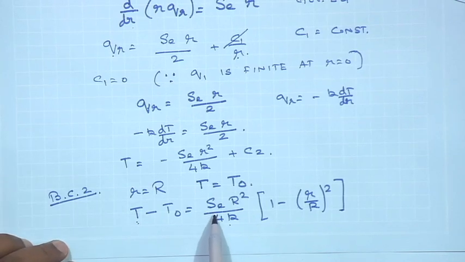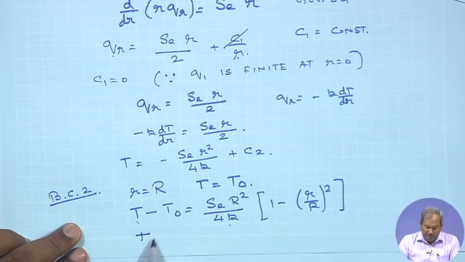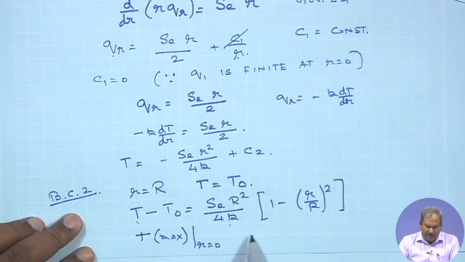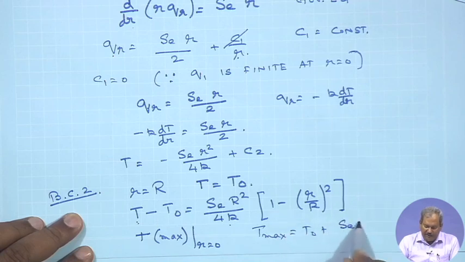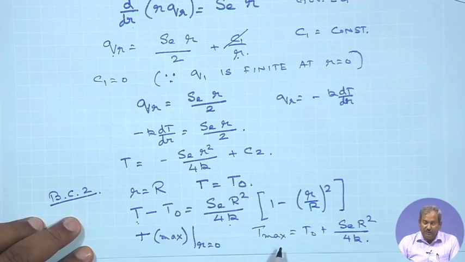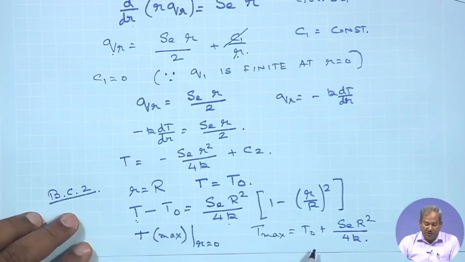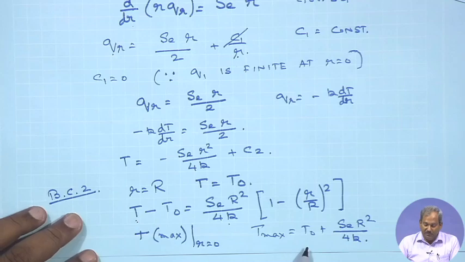So, it is a parabolic distribution, and the maximum temperature T max would obviously be at a point where r equals 0, and T max would be equal to T0 plus S_e R square by 4k.